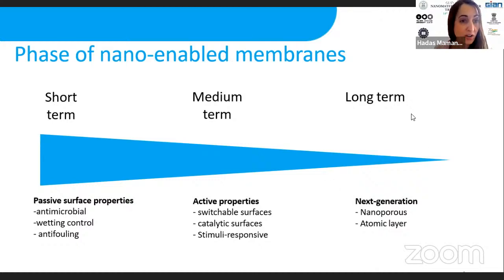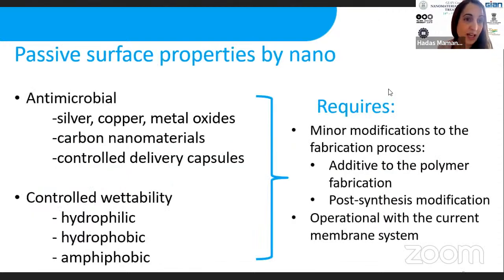Then we have the long-term, which refers to next generations, nanoporous, and atomic layer. So let's go over the different features. The passive surface properties by nano, this is what is being done today, okay?